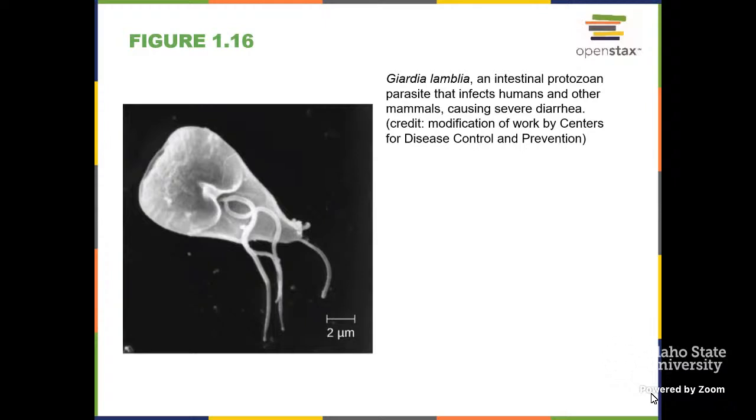I found some sort of spring, I'm going to drink this water. Maybe not the wisest choice, all right? If you filtered it, or if you boiled it and cooled it, that's a different story. But if you just drank it right from the source, maybe not a good idea, all right?